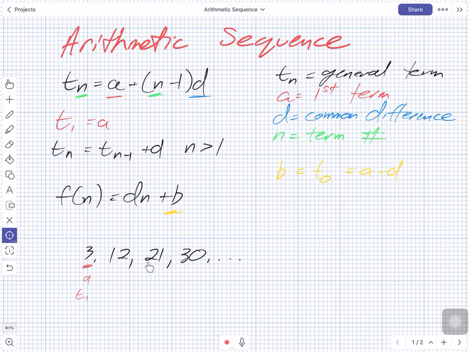So if we take a look at this, we could find a common difference. And again, because it's arithmetic, we either add or subtract to solve this. So let's find out what this is moving by. We'll use the red one. 3 to get to 12. Do you know what the difference is between those two values? 9. 9, great. It's important we write either positive or negative because we can go up or down. What about from 12 to 21? Adding 9.